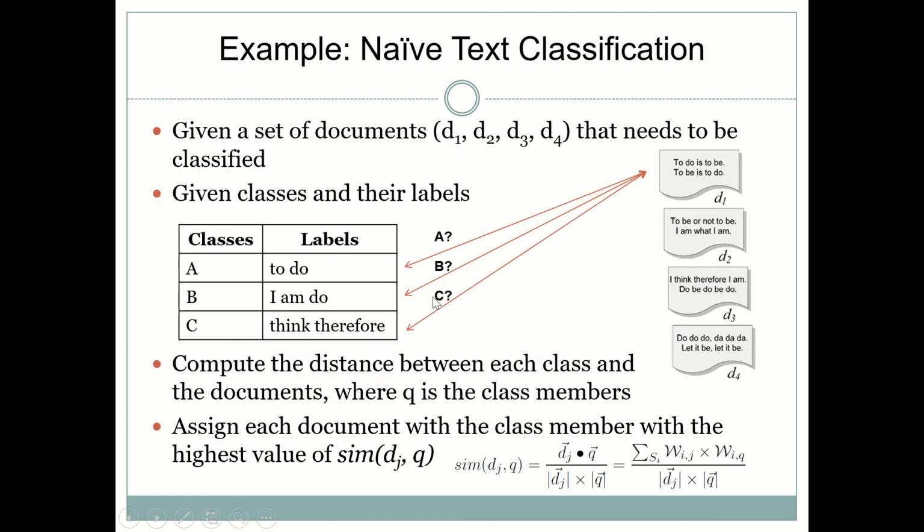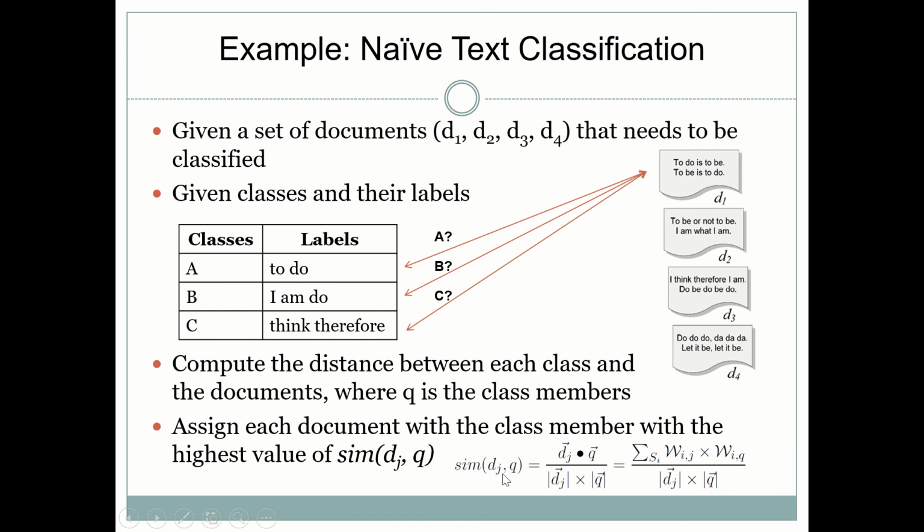For instance, say we have 4 documents here, and we have 3 classes A, B, and C, and for each of the classes we have labels. What we need to do is, for each of these documents, measure the distance between the document and the labels that we have here.